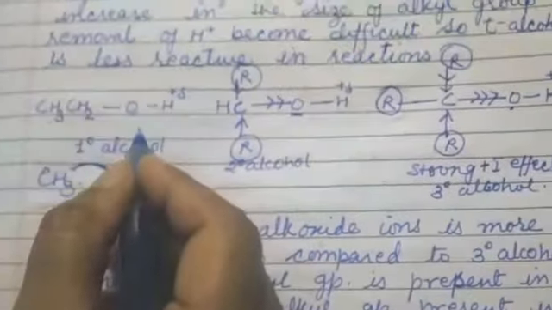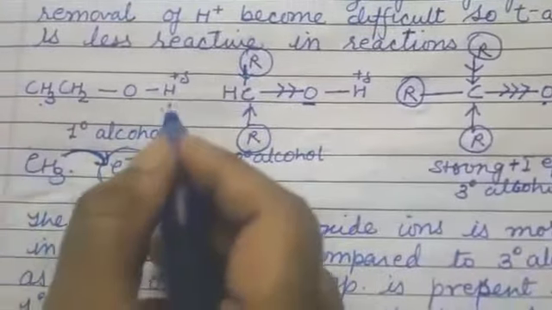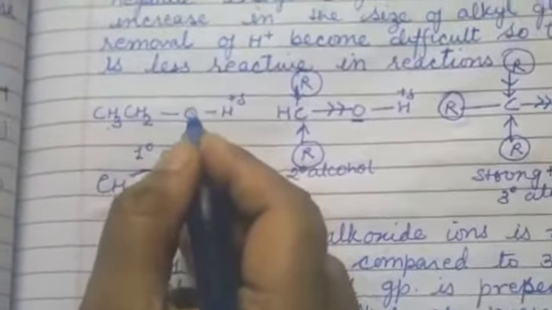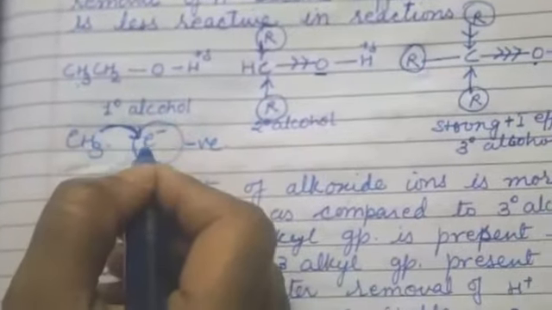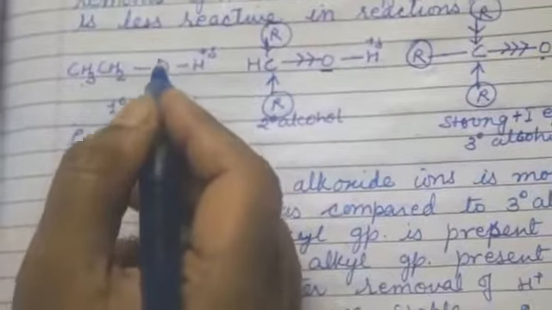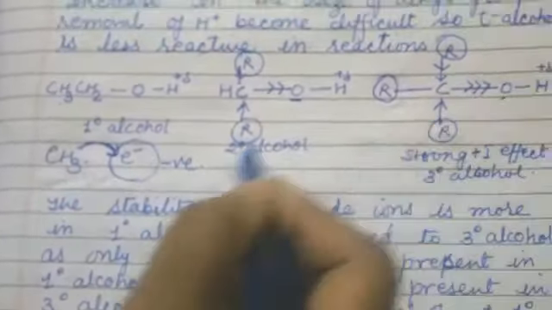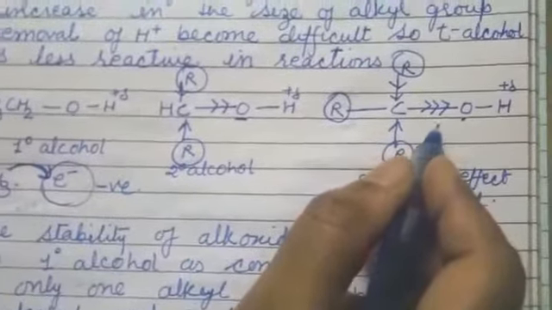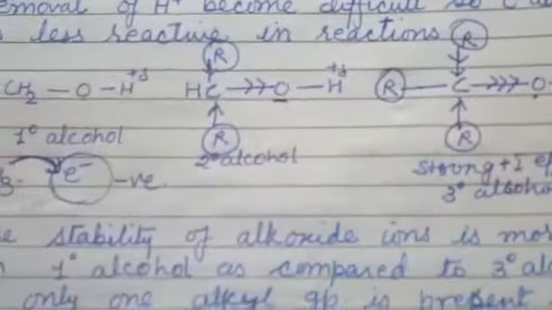As compared to secondary alcohol, the reactivity of primary alcohol is more, as the negativity of oxygen is less, because the alkyl group is only one. Tertiary alcohol has more negativity as compared to secondary and primary, because it has three alkyl groups.